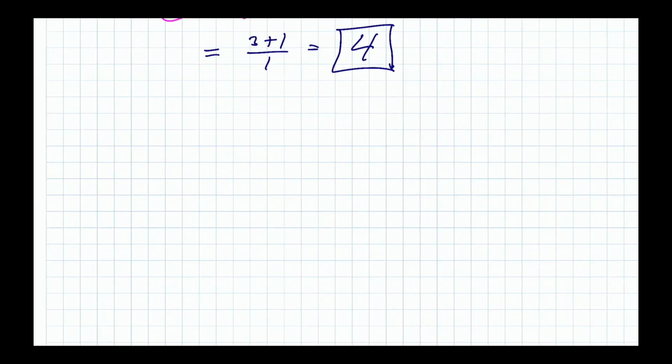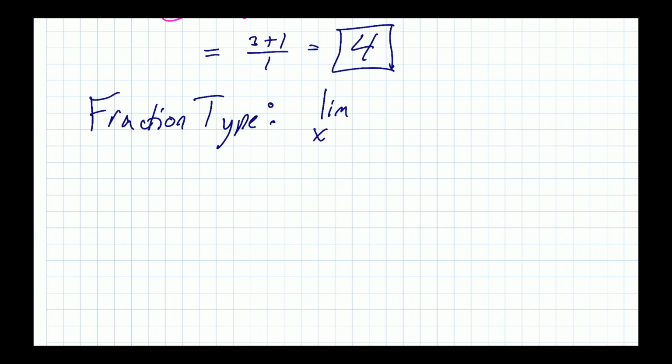All right, so fraction type. Remember the fraction type was exactly what it sounded like. It's still 0 over 0. These all work out to 0 over 0. But it involved fractions, right? That makes it a fraction type. So pretty straightforward.